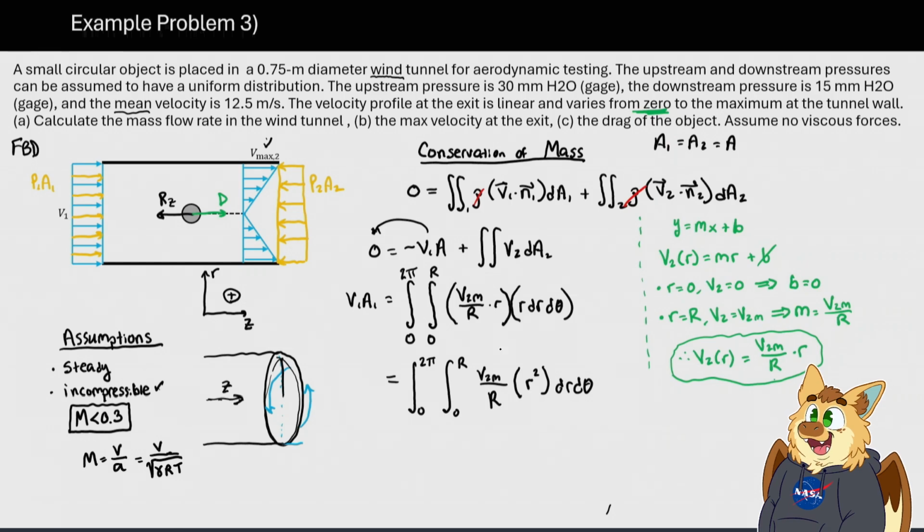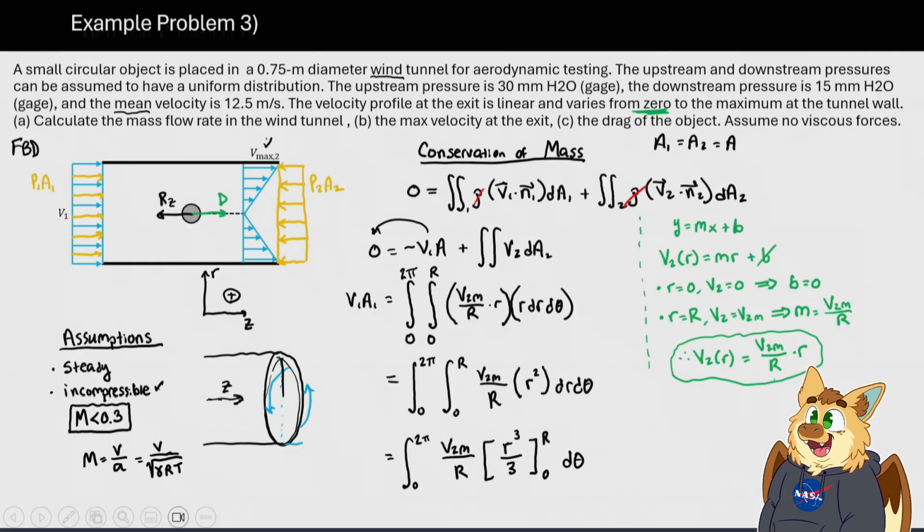We can perform this integration quickly. This will be v2m over big R times the integral of r squared with respect to dr, giving r cubed divided by 3, integrating from 0 to capital R, and this is all times d theta.